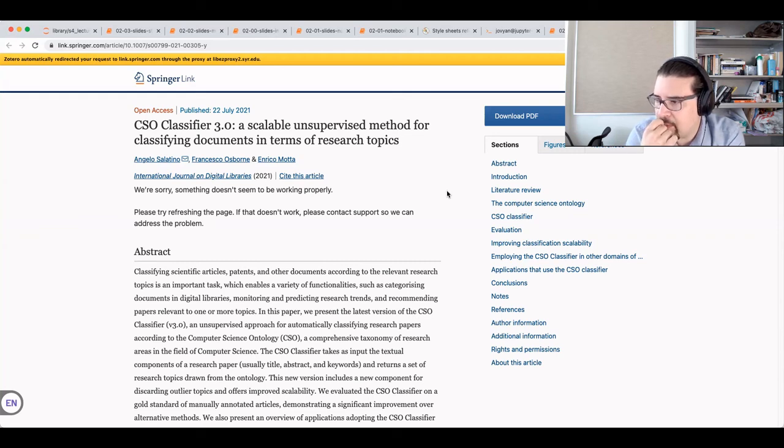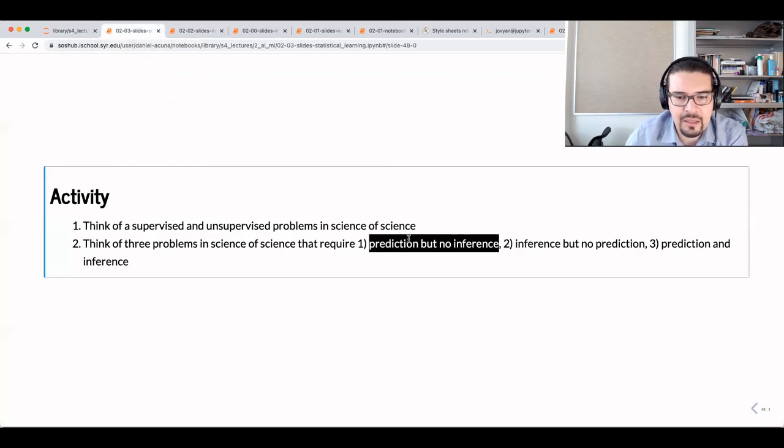Predicting topics over time, right? Now, in science of science, I would say this is not really the ideal case. Let's say we're trying to understand citations. You might want to make the best possible prediction, but what's perhaps more impactful is to know why something is happening, the inference side.